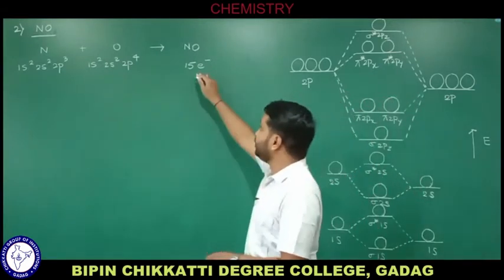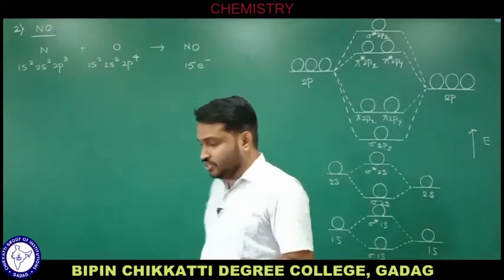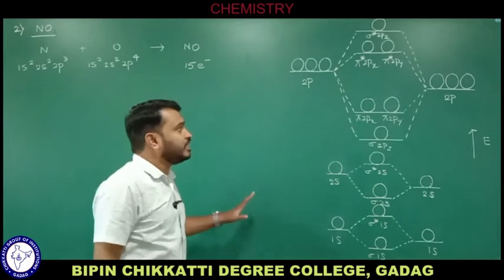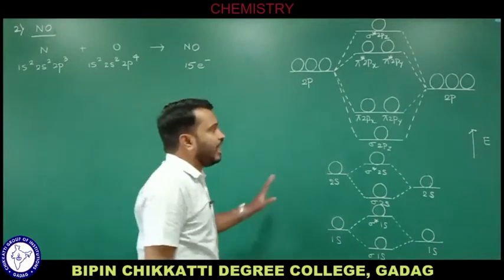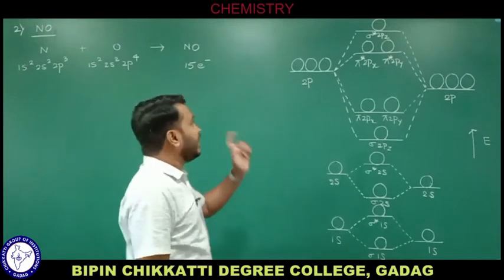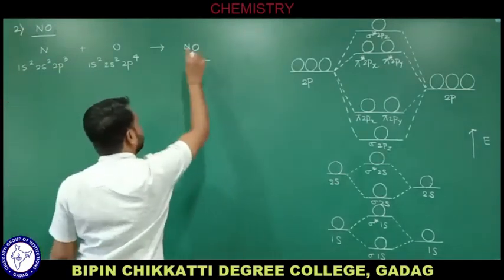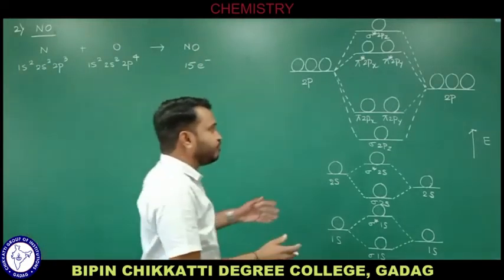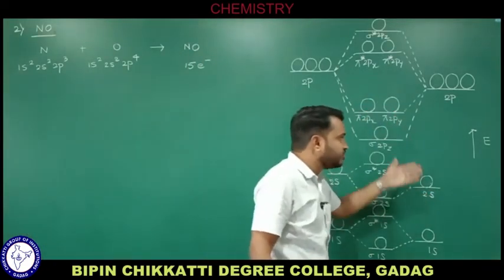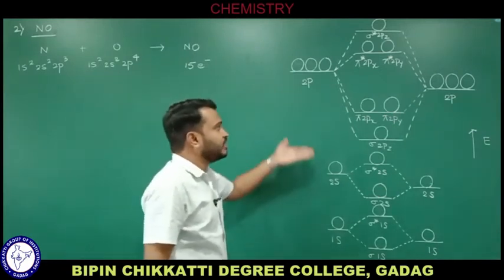So these 15 electrons have to be distributed in molecular orbital energy levels. Now observe the MOT diagram of a nitrogen molecule. Everything is the same since this belongs to a heteronuclear diatomic molecule, and when you compare nitrogen and oxygen, oxygen is more electronegative, therefore I have considered oxygen atomic orbitals at lower energy level, whereas nitrogen atomic orbitals at higher energy level.